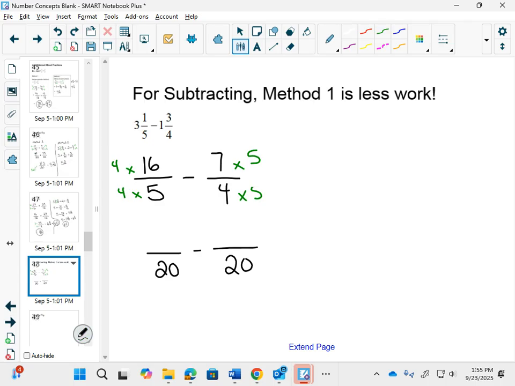Test your times table. 7 times 5, that one you should do. 35. 4 times 16, that one you could use your calculator for, although try it in your head. 64 minus 35.